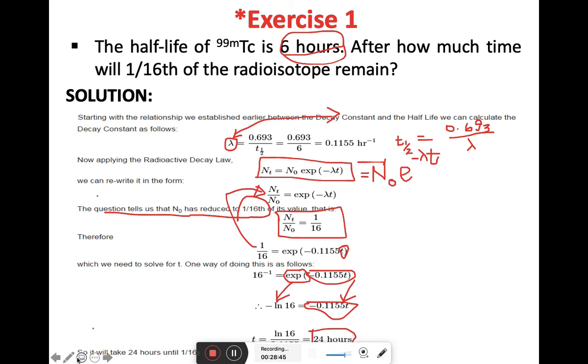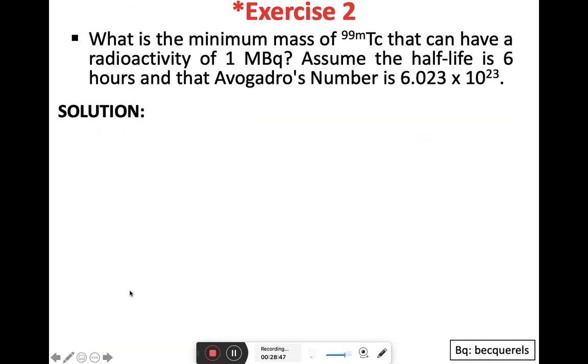So that will be the solution for your first exercise. And for the second exercise, this is quite a tricky question because it is given in becquerel, 1 megabecquerel.